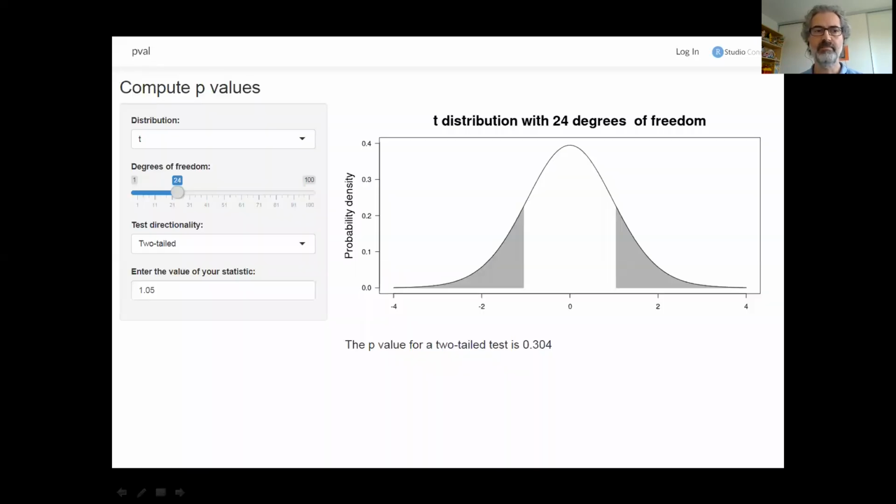If we go to the p-value app and enter the t-distribution, the number of degrees of freedom, and the value of our t-statistic that we calculated, that 1.05, then we get the answer that the p-value is 0.304.